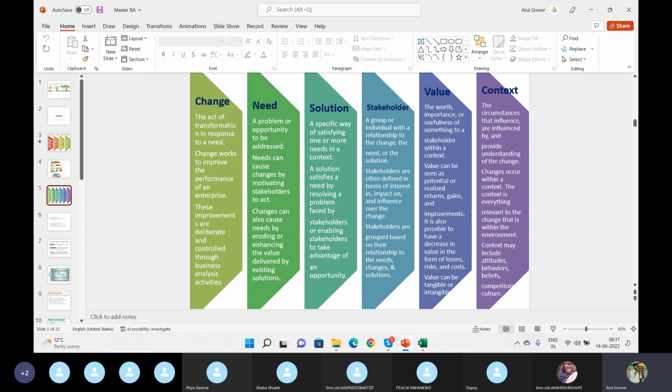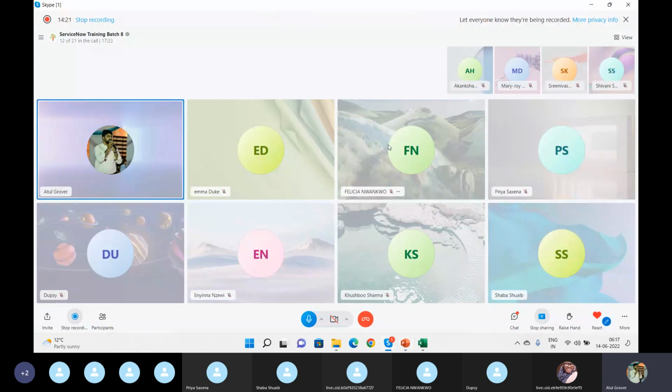Those are your stakeholders. I know there are a lot of working women in this group, taking care of family, kids, job, and this training. So all the people related to you are your stakeholders now.